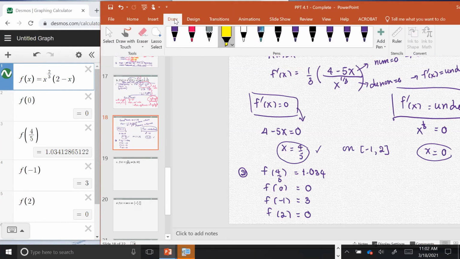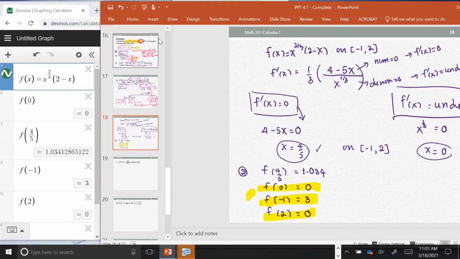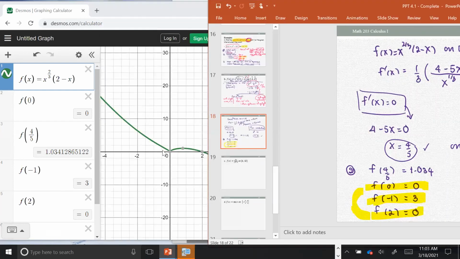Just mainly algebra. The next part, number 3, you compare these four numbers. What is the largest? The largest is the value 3. The lowest, we have two lowest values at 0. As you see on the graph here, we look for the absolute max and absolute min, right?